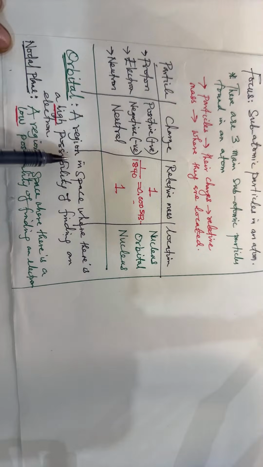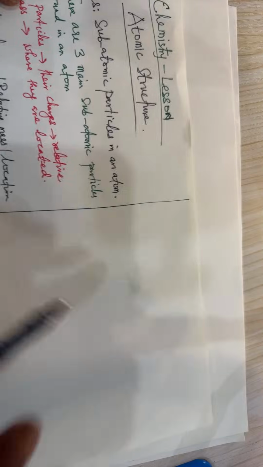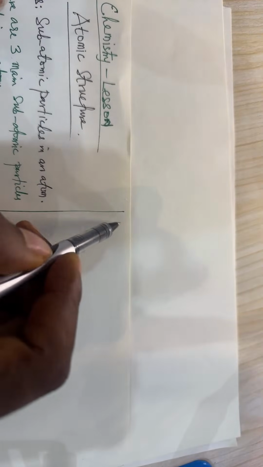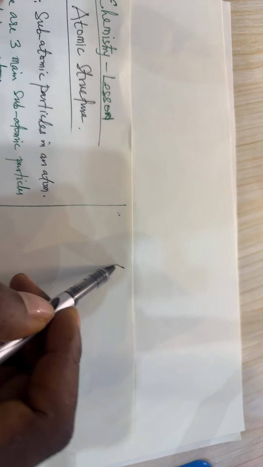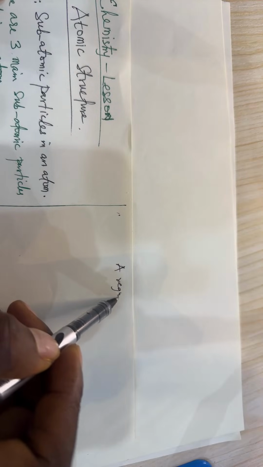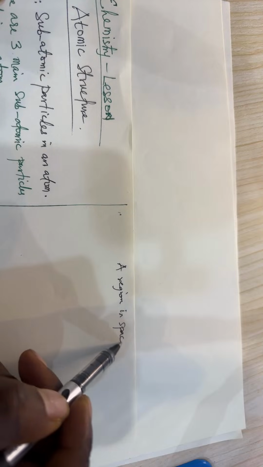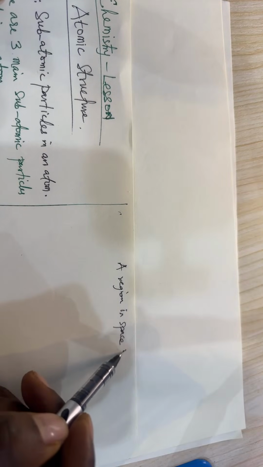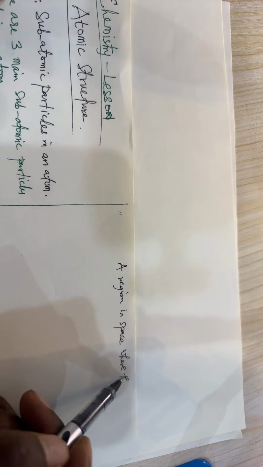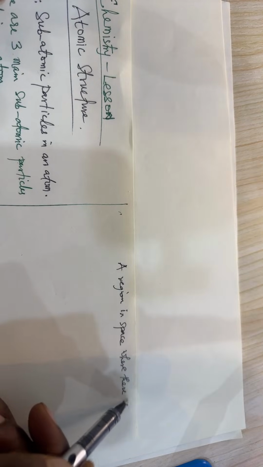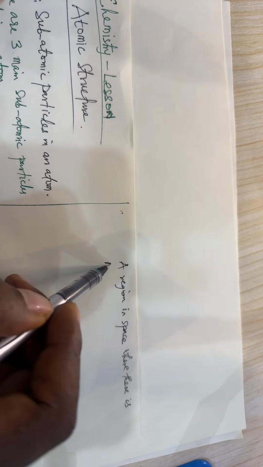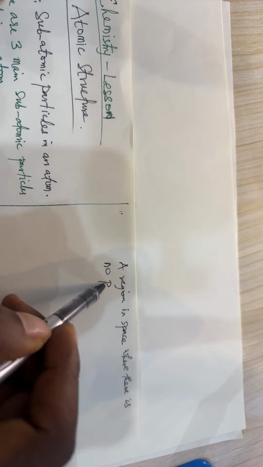What about a region in a space? Let's do that last one. This is the third one. A region in space where there is no possibility.